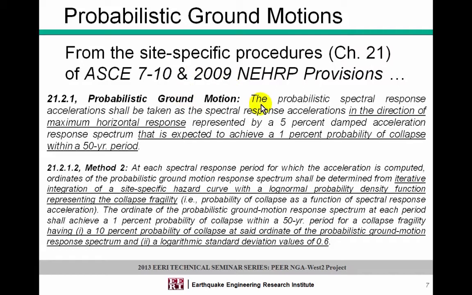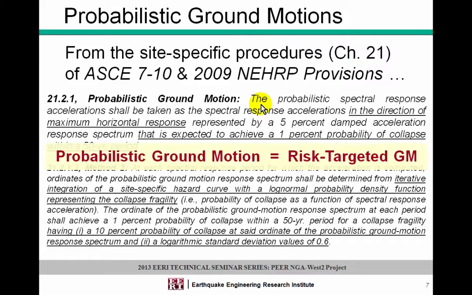But method 2 essentially says that you calculate these risk-targeted ground motions via iterative integration of a site-specific hazard curve with a log normal probability density function representing the collapse fragility, right? That's the lingo. And then the bottom 2 lines essentially define what that collapse fragility is, all right? So let's look at this a little bit closer.